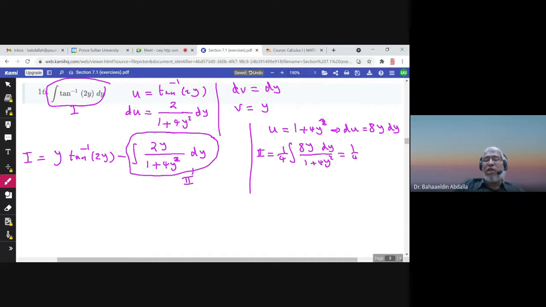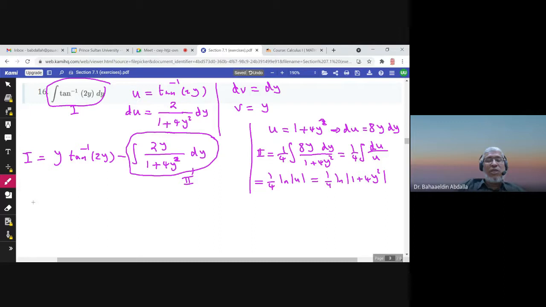So this integral would be changed into 8y dy is du, and 1 plus 4y squared is u. So the integral would be 1 over 4 ln absolute value of u, or ln absolute value of 1 plus 4y squared.